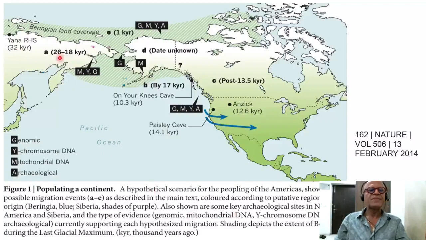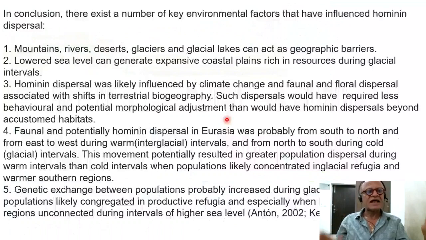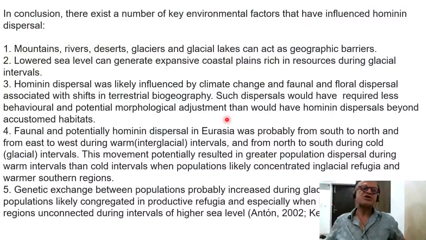Okay, so I won't go too much into the details, but you can see the various dates, some known, some unknown, basically reinforcing what we said here. So leaving that there, the populating of America has become much more understood more recently, and the times at which it got populated have been pushed back now into the last glacial period.